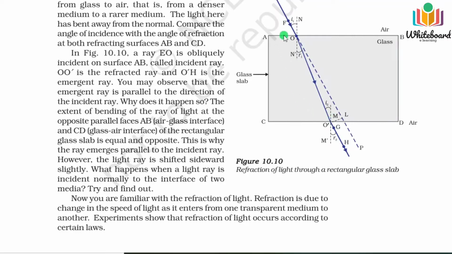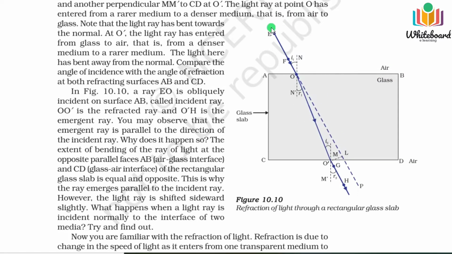So after all, if we see the figure, this ray EFO and this ray O dash H, what happens actually? The direction of the ray has not been changed. The direction is the same, but there is a lateral displacement that has occurred.